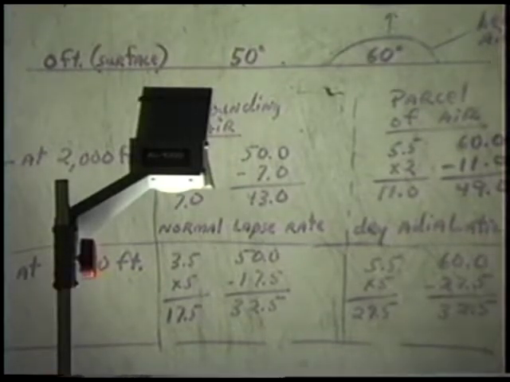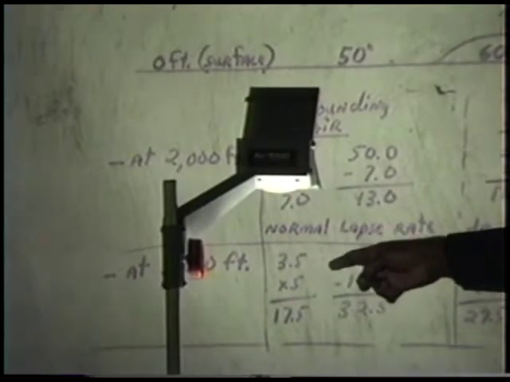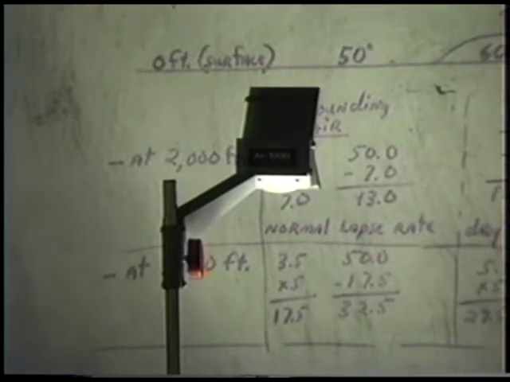We want to find out the temperature at 5,000 feet. We multiply 5 times 3.5. It gives us 17.5, which means that the temperature at 5,000 feet is 17.5 degrees cooler than the temperature at the surface, which is 50 degrees.